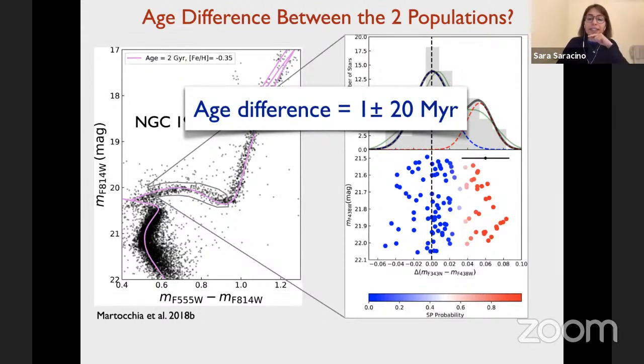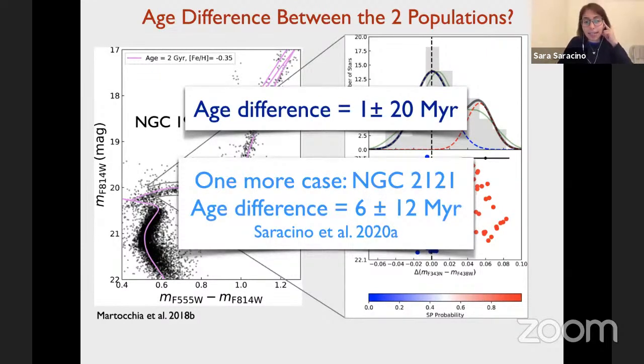So this is the result for one cluster, 1978, but we have recently done the same exercise for another cluster, NGC 2121, and the result is the same. So 6 plus or minus 12 megayears. So again, no age difference here. And the fact that we are dealing with a very young cluster allows us to put a very tight constraint on this.